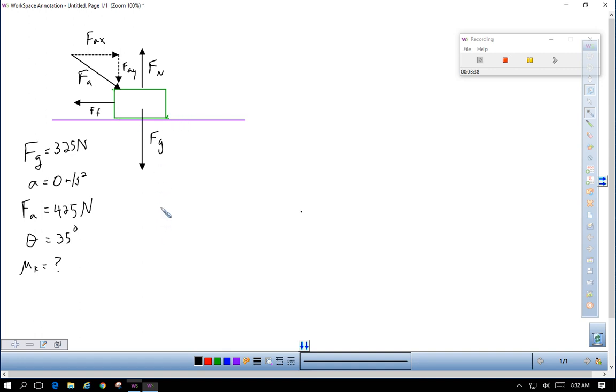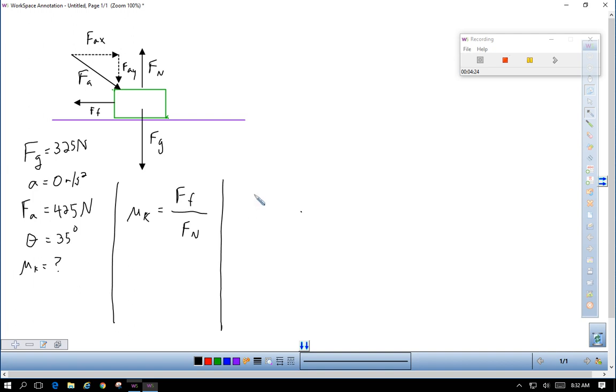Okay, so first of all, I'm just going to go ahead and write down what's likely to be our finish line since we're looking for mu k. We know that it's equal to Ff over Fn. So those are the two things that we'll need in order to solve the problem.